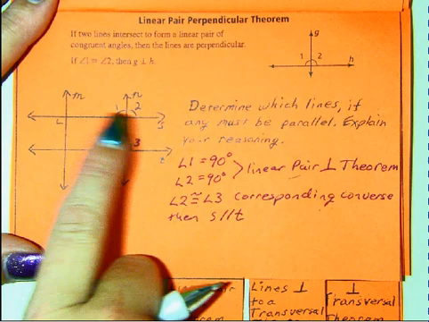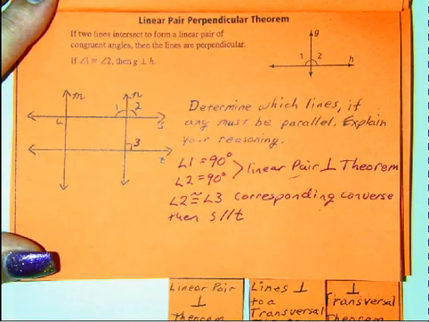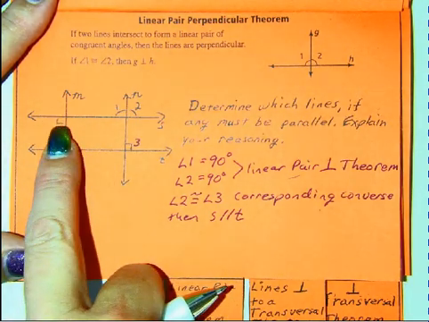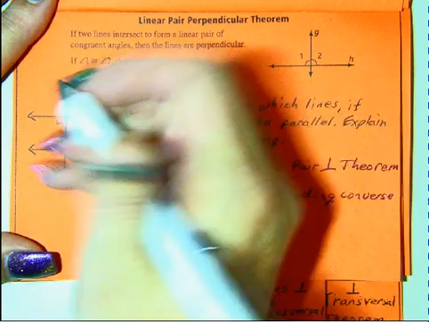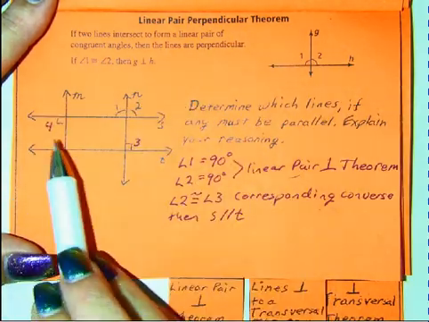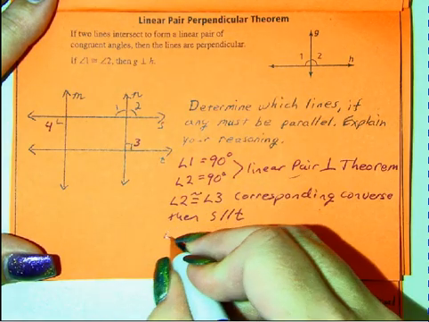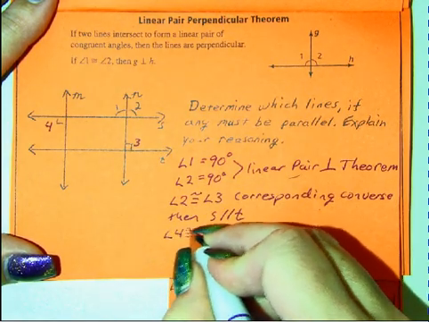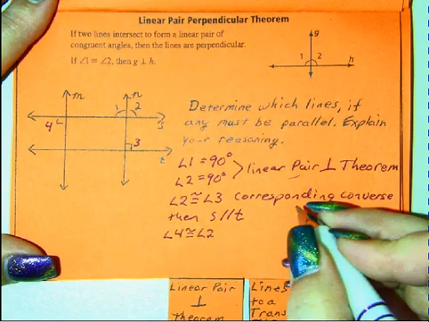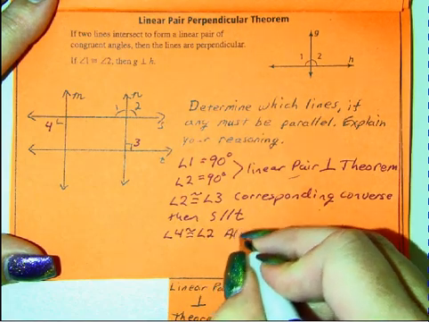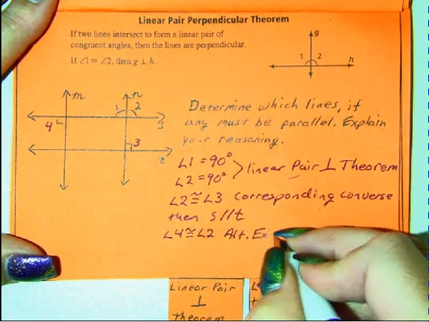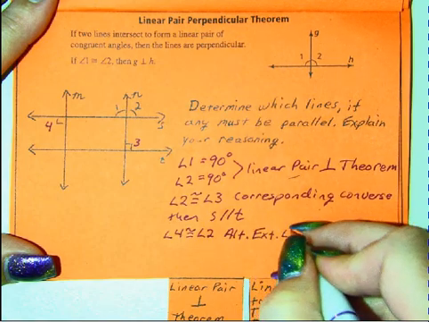Let's try to go from here to here. Okay, so for this one, let's call this 4. Angle 4 and angle 2, those are both 90 degrees. So angle 4 is congruent to angle 2, and those are alternate exterior angles.